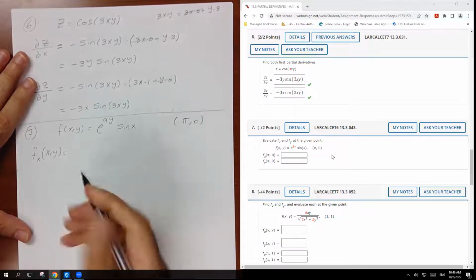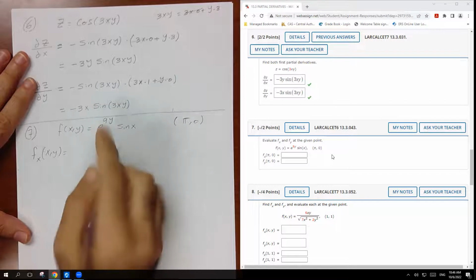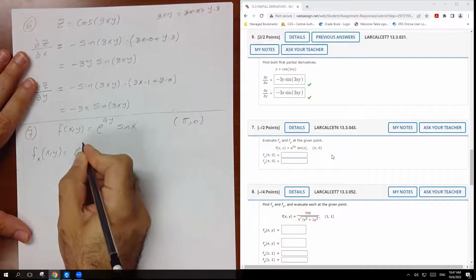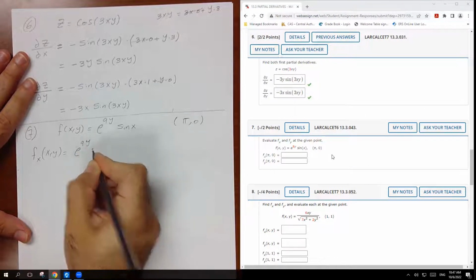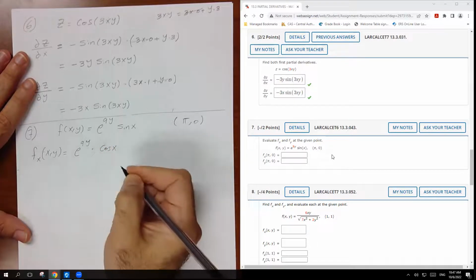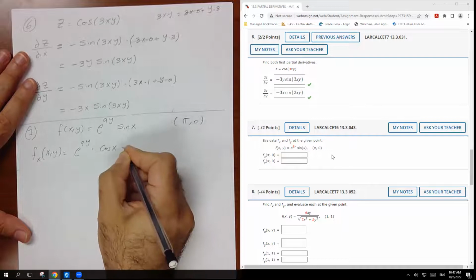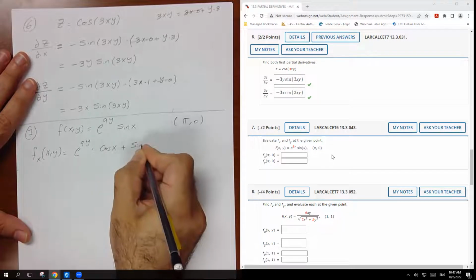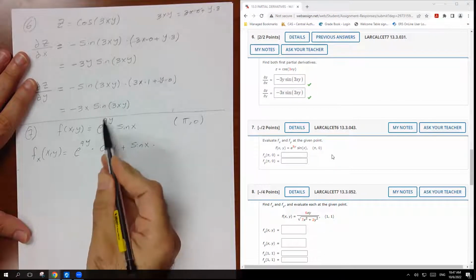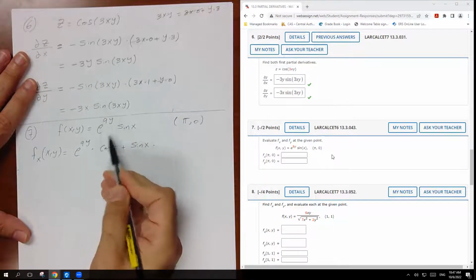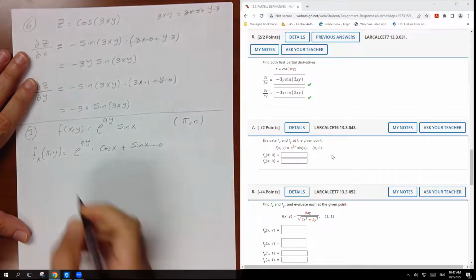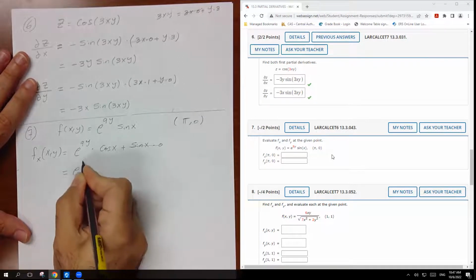The first one times the derivative of sine x, which is cosine x, plus the second one, sine x, times the derivative of the first one. There is no x here, so everything here is a constant, so it's 0. That's why we have only e to the 9y cosine x.